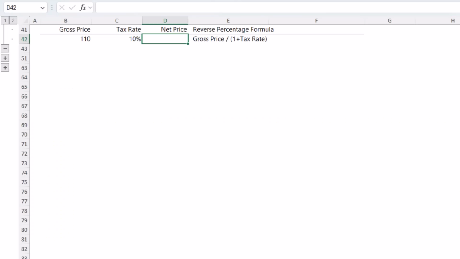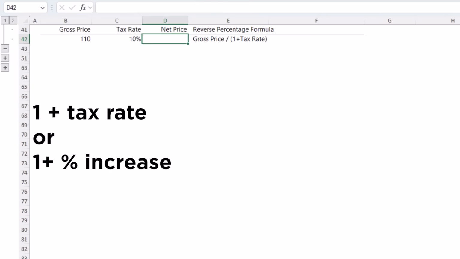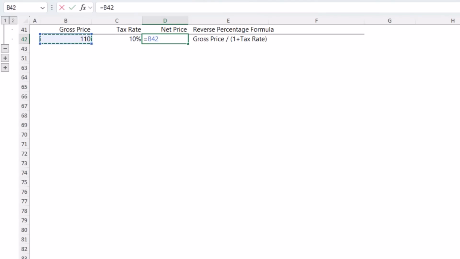The easiest way to think of it is that the price including tax at a rate of 10% is effectively the pre-tax price multiplied by 110%, and we're getting 110% by adding 1 to whatever the tax rate or increase was. So all we need to do is divide the gross price by 1 plus the tax rate. That's going to give us 110% in this case, to get the pre-tax price of $100.